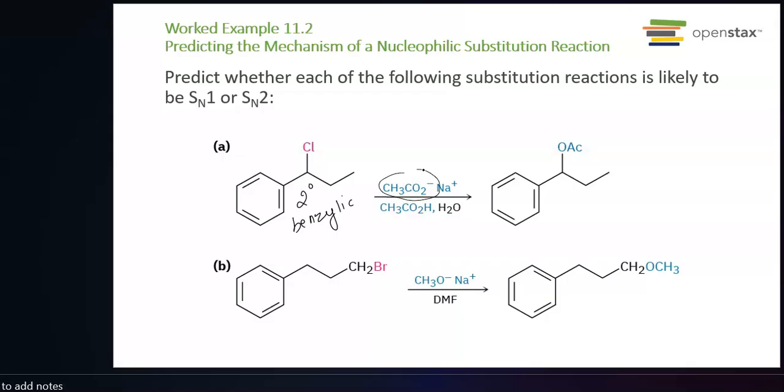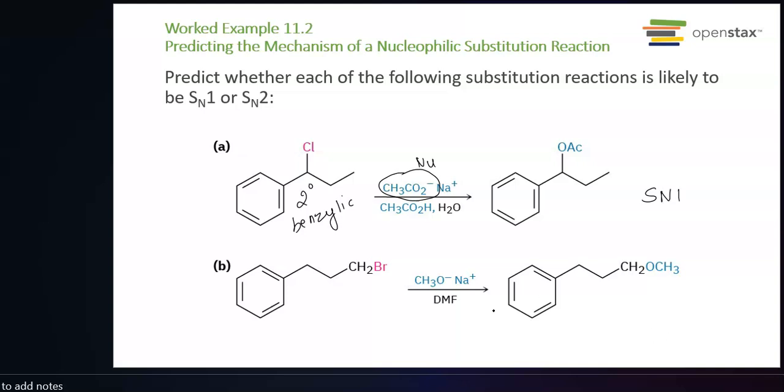So this is your nucleophile, which is negatively charged, right? And then we have acetic acid and water, right? Now this is a medium nucleophile, and then also the presence of polar protic solvent tells us that this reaction should be an SN1 type of reaction.